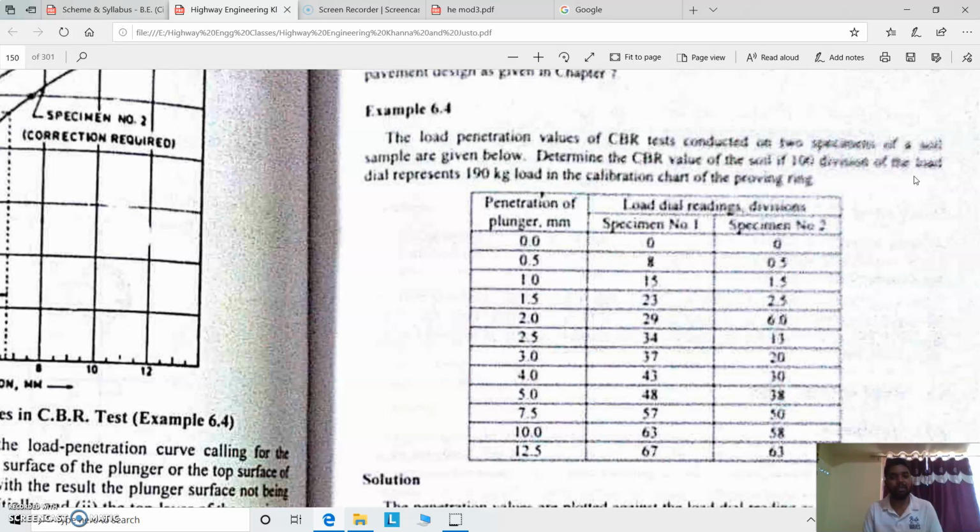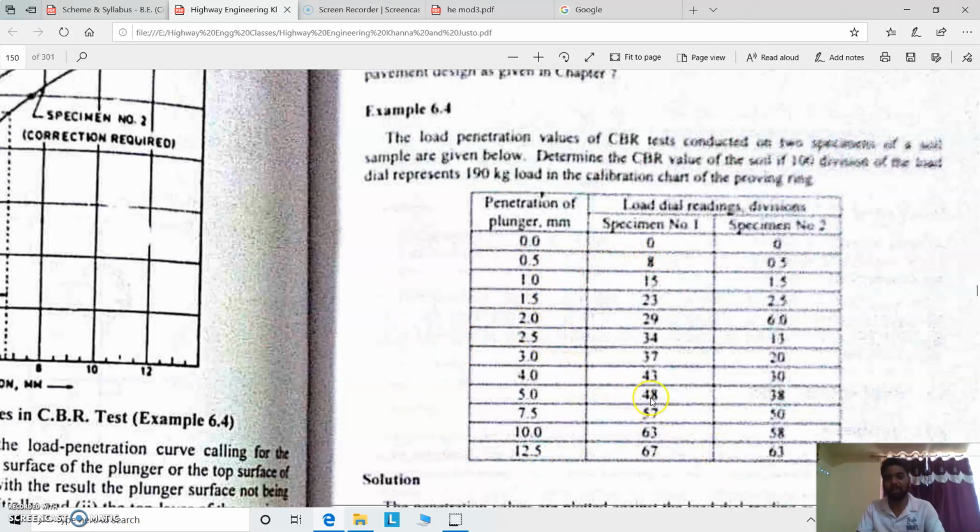That means 100 divisions of load represent 190 kg. Then you need to convert these division values into kgs. In this question they have given penetration of the plunger in mm and load readings in divisions. These divisions must be converted to load because your graph is load versus penetration.